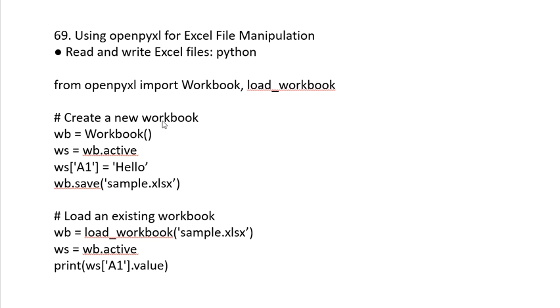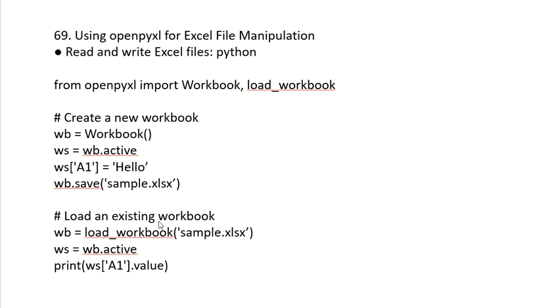Create a new workbook: wb = Workbook(), ws = wb.active, ws['A1'] = 'Hello', and wb.save('simple.xlsx'), which is an Excel file.